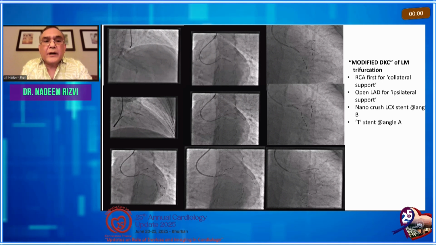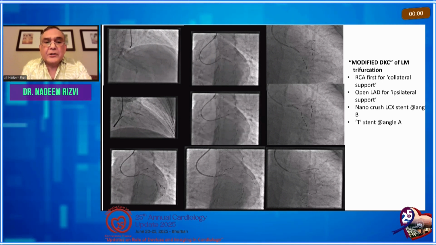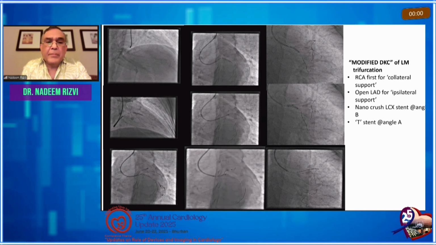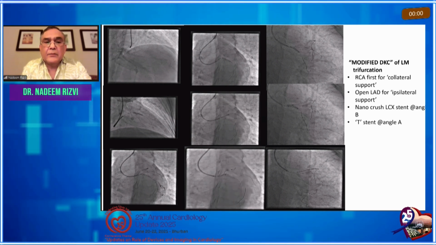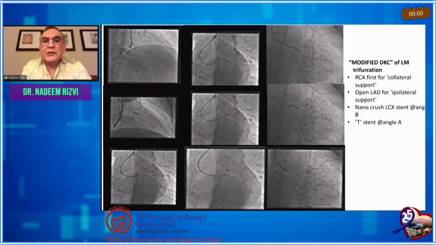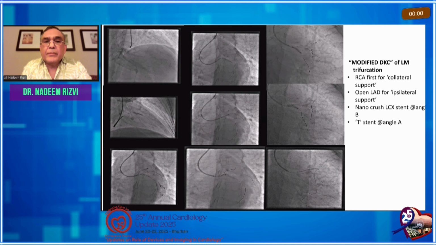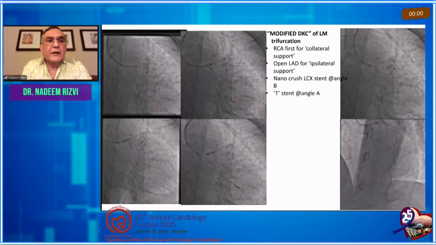Now you need to crush this. In this case, we modified it to crush it with the ramus. So now you've got a little bit of stent in the left main, but the distal part of the carina angle is free of stent, and you needed to then do the NC, proper NC, make sure that there's a balloon in the left main, then final kissing, and then you go ahead and put a stent.